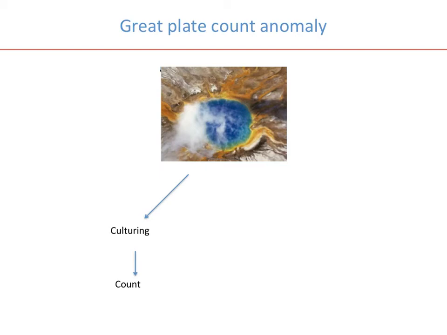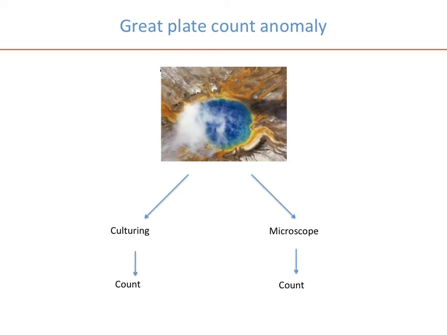So people went into the environment and collected some type of environmental sample, and they would culture it, and they'd count the number of cells that they would be able to grow.